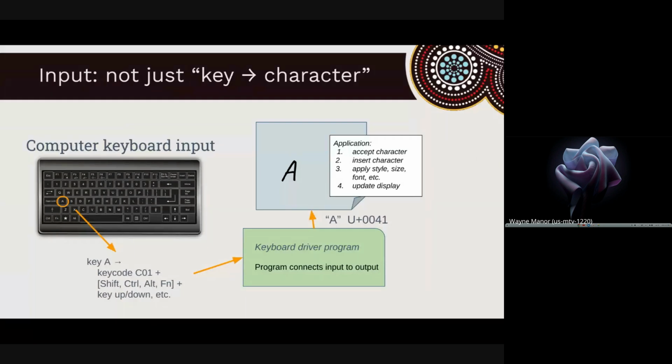And in a simple case, it looks it up and says, oh, that code is an A, which is represented in Unicode with a particular numeric value. And then the application is in charge of accepting the character or doing something with it, inserting it possibly and applying all the style and so on.